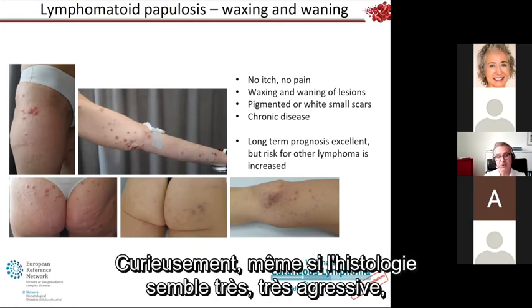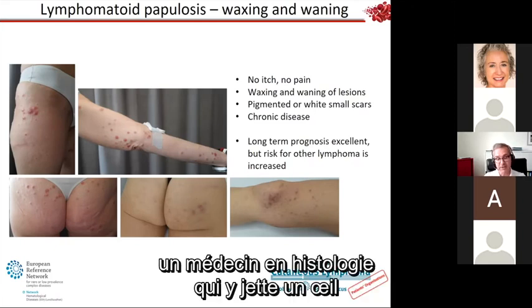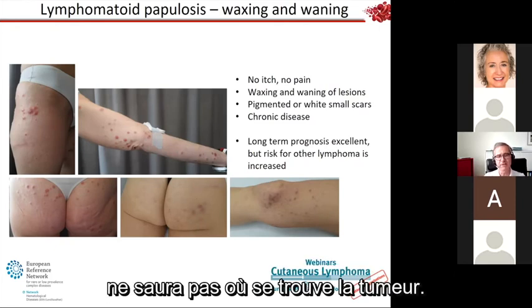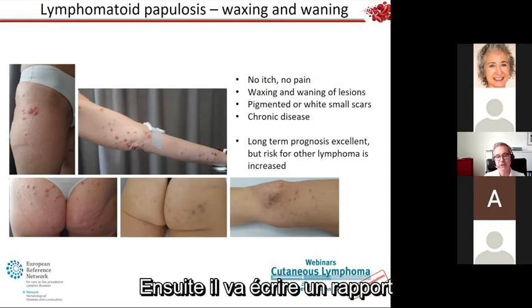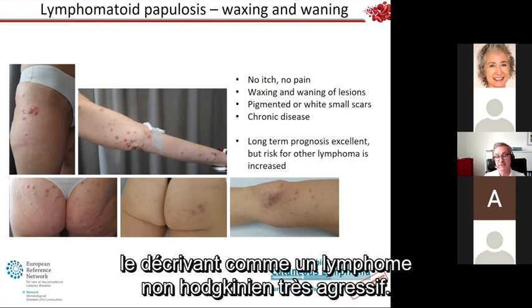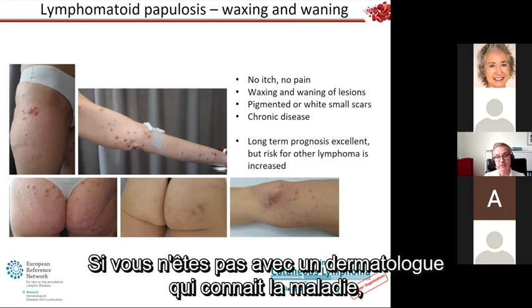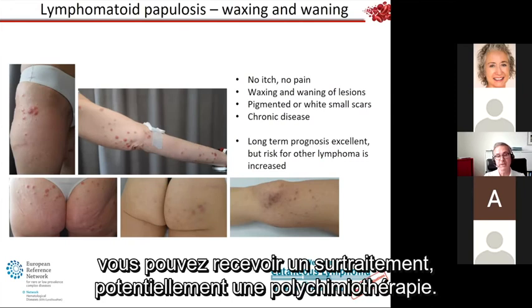Interestingly, even though the histology looks very aggressive, if a histopathologist who does not know the location of the tumor looks at it, he will write back a report stating that this is a highly aggressive non-Hodgkin lymphoma. And if you're not in the hands of a dermatologist who knows the disease, you may get an overtreatment with heavy, possibly polychemotherapy.